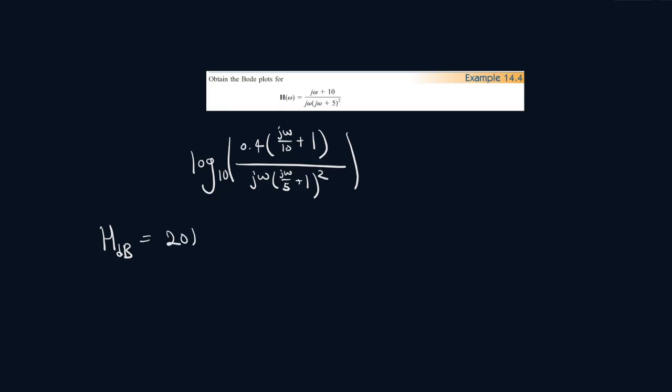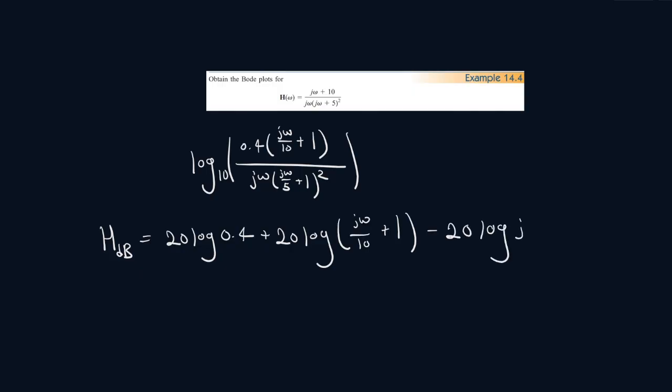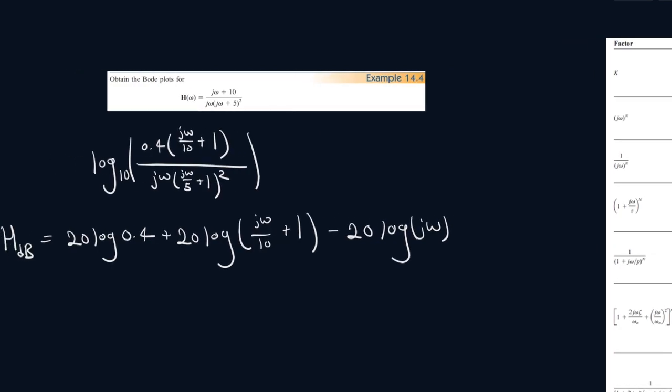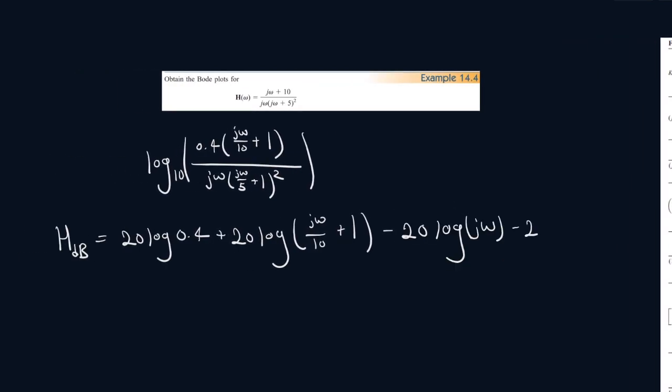It's supposed to be 20 log 0.4 plus 20 log of jω over 10 plus 1, minus 20 log jω. Then the last one is minus 20 log of jω over 5 plus 1 to the power of 2. And the 2 we can bring down here, so it'll just be minus 40.